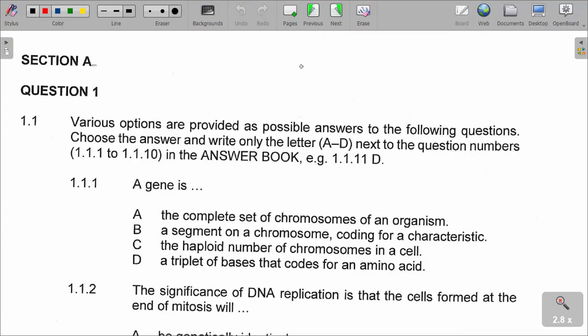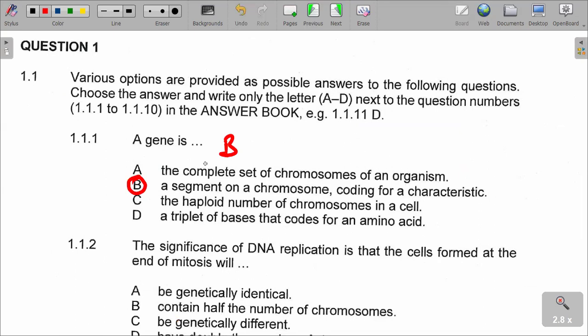We can agree that the answer is B. It is actually defined as a segment of DNA located on a chromosome that carries the code for a specific protein or a functional RNA molecule, which in turn determines the particular characteristic or trait. So our correct answer is B.